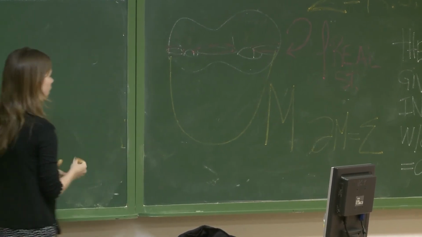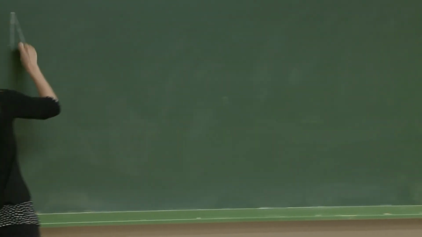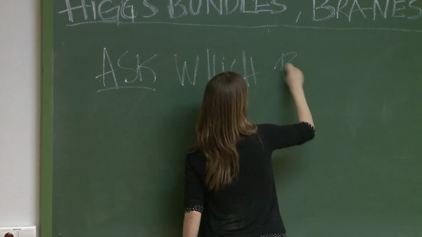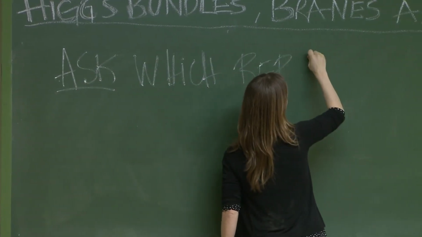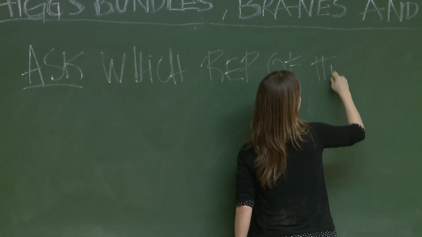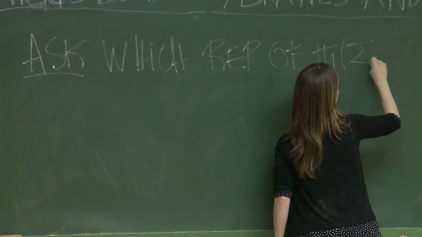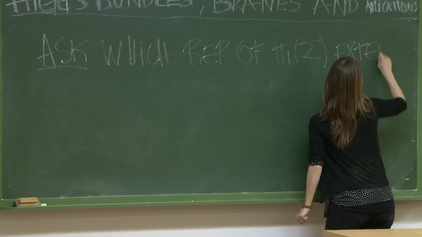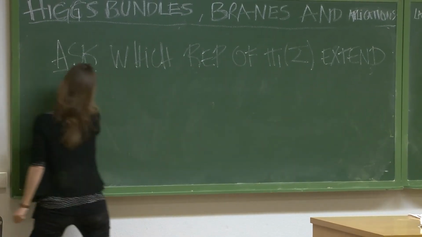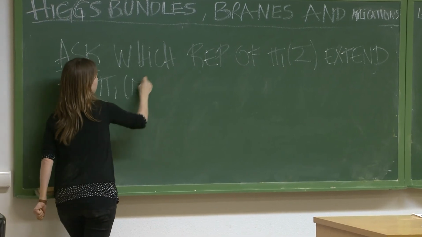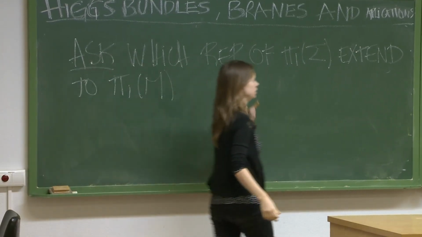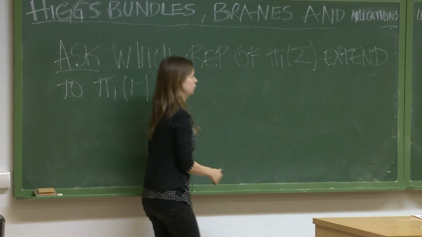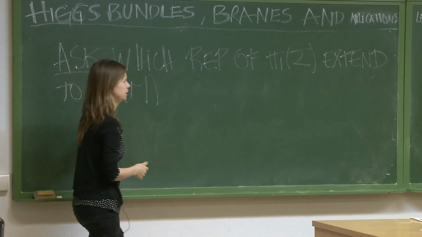So in particular, if you ask which representations of pi1 of the Riemann surface extend to pi1 of M, then from the knot theory perspective, if you were working with genus 1, you would be looking at the A-polynomial, and the A-polynomial would be choosing for you the representations that extend.